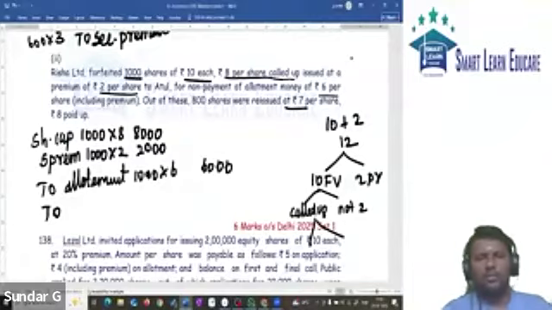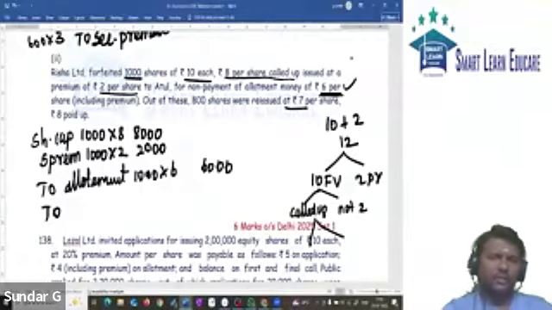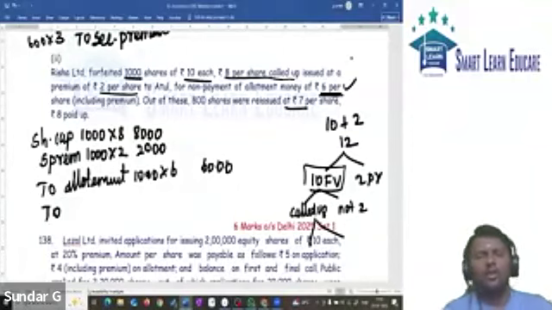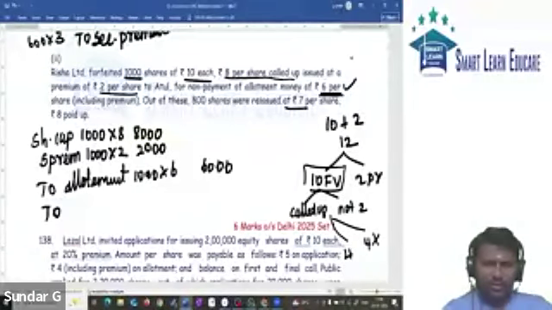How much is not paid for allotment? The allotment amount is not paid. It means how much is not paid? 6 rupees, but that 6 rupees is including premium. Here we are considering face value. It means in called up 8 rupees, how much is paid? 4 rupees is paid. How much is not paid? 4 rupees is not paid.